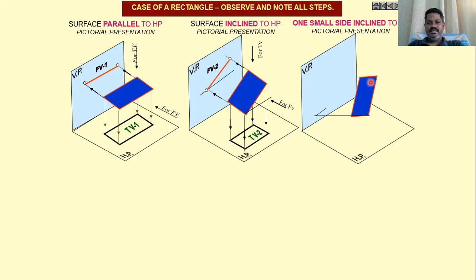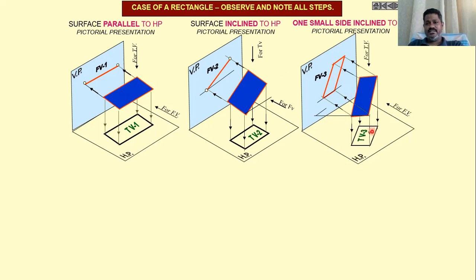Then in the third case, when you see from the top, it is also a shape which is making some angle with the horizontal. Then in the top view also we will get the reduced shape like this.